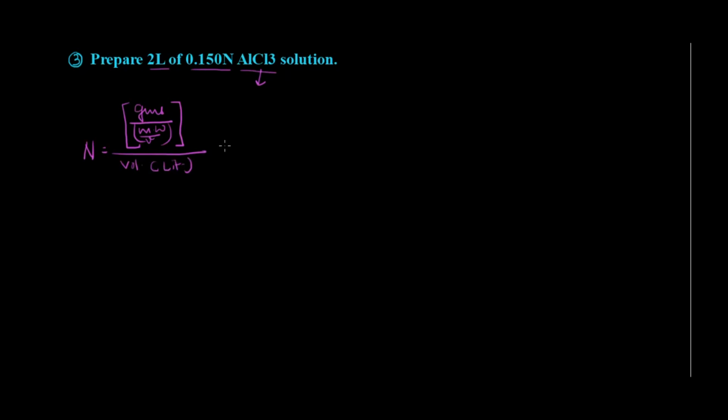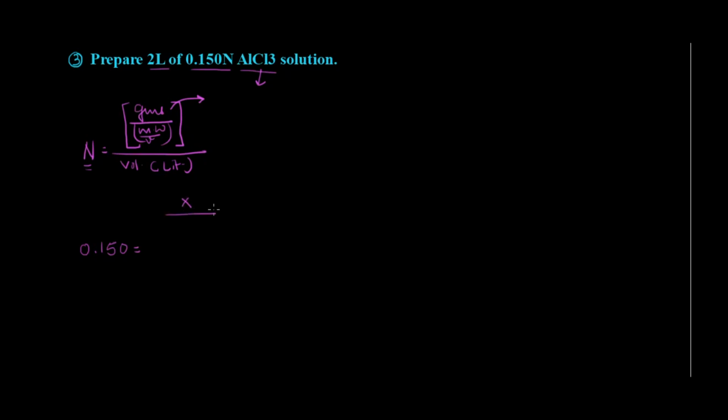This much you remember, so it's easy. We are given the normality, the normality that we are aiming for is 0.150, so let's put that here. Grams is what we want to find out, we don't know how many grams we need to take, so grams is unknown, let's put it as x.